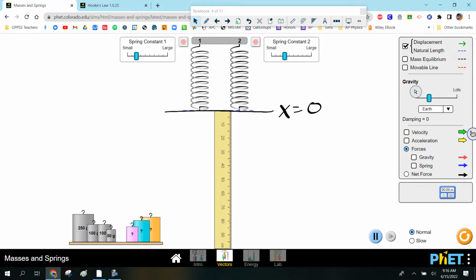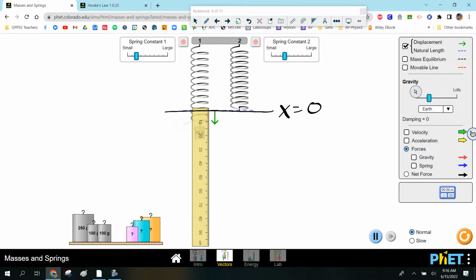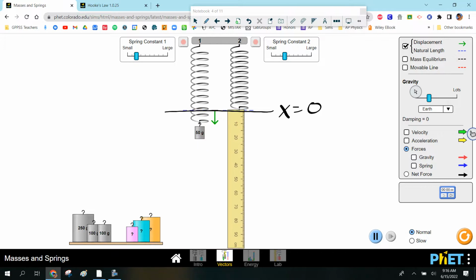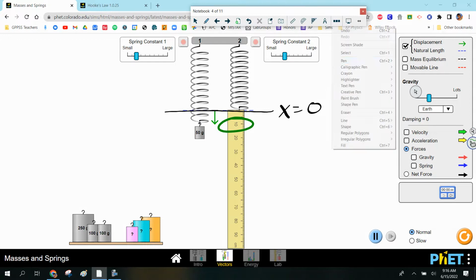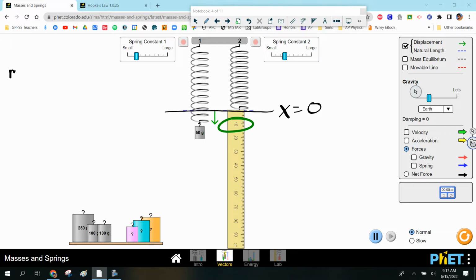Now let's do some simple calculations for it. So let's go back and hang this 50-gram mass from it. When I do that, it stretches 10 centimeters, right? So what we've discovered is that the mass is 50 grams, which is the same as 0.05 kilograms.